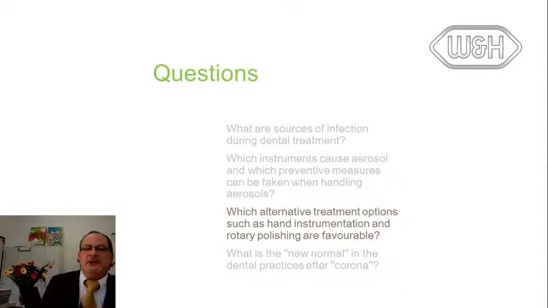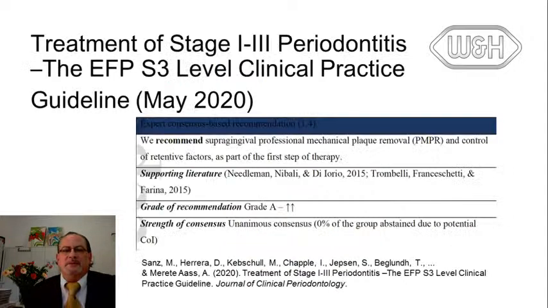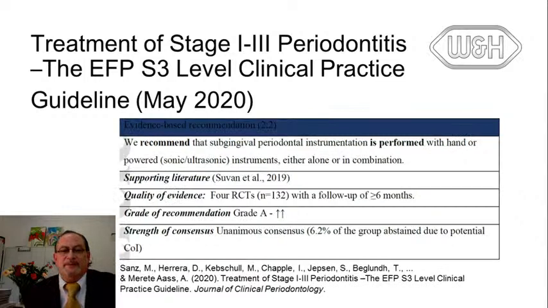Let's come to the next question. Which alternative treatment options, such as hand instrumentation and rotary polishing, are favorable? There is a new guideline from the EFP concerning the treatment of periodontitis in stage 1 up to 3, and it was recommended that supragingival professional mechanical plaque removal and control of retentive factors as part of the first step of therapy is mandatory. So there is nothing said about how to do it.